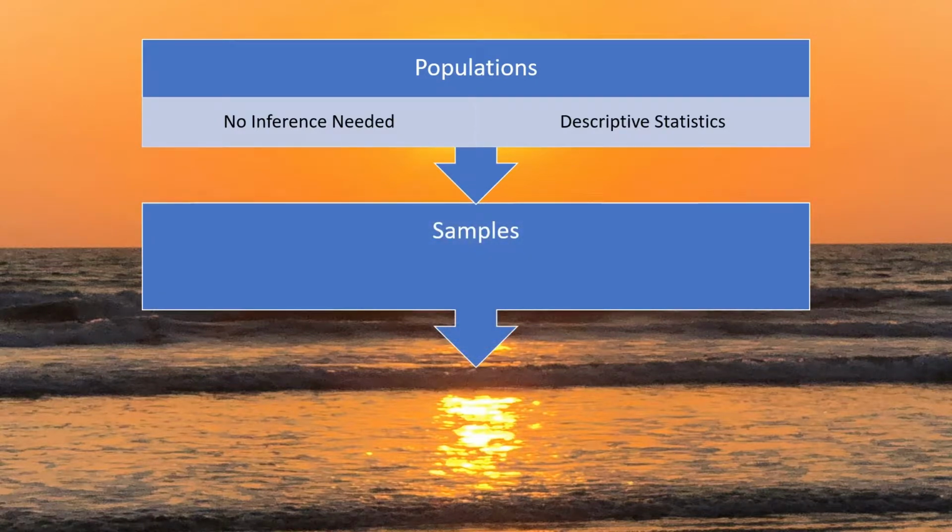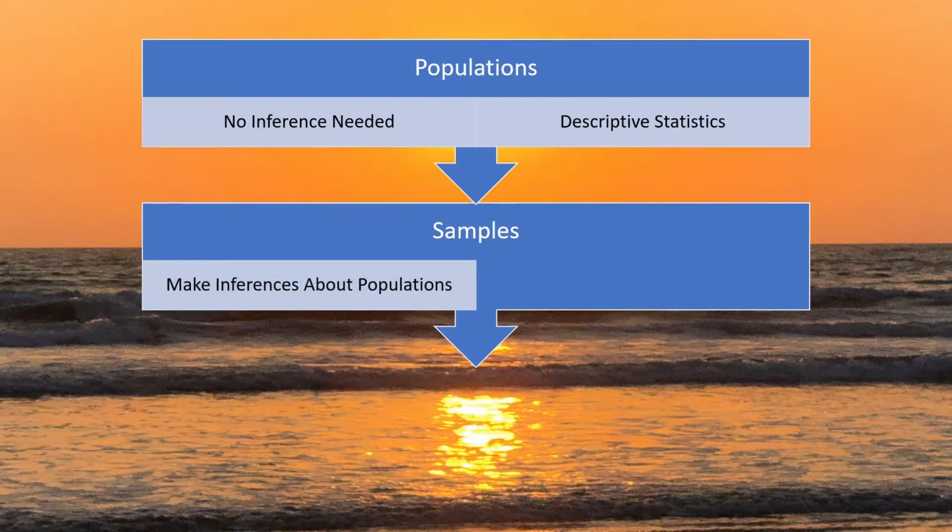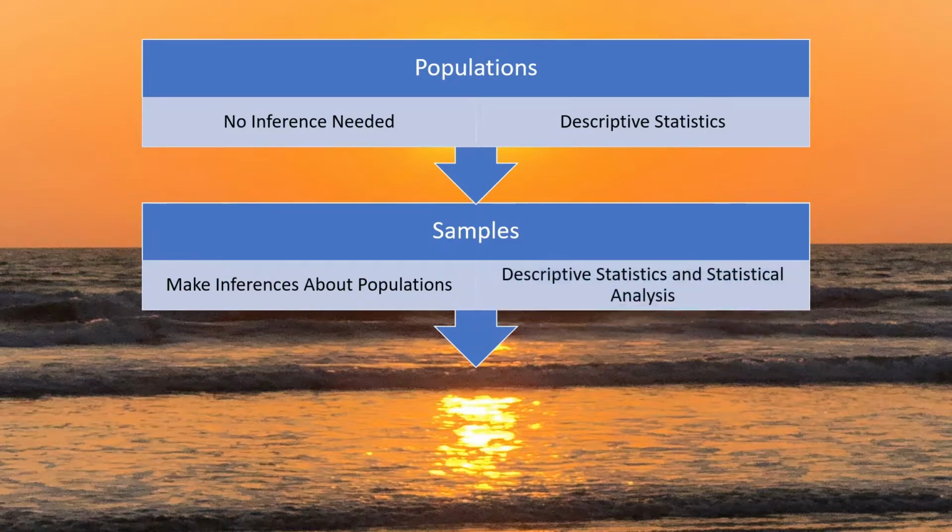But when we have samples, what we usually do, because it's cheaper and/or easier, usually a combination of both, is we use samples to make inferences about populations. Okay, so to do that and to describe things about samples, we use both the descriptive statistics, which is what our last unit was about, and statistical analysis.